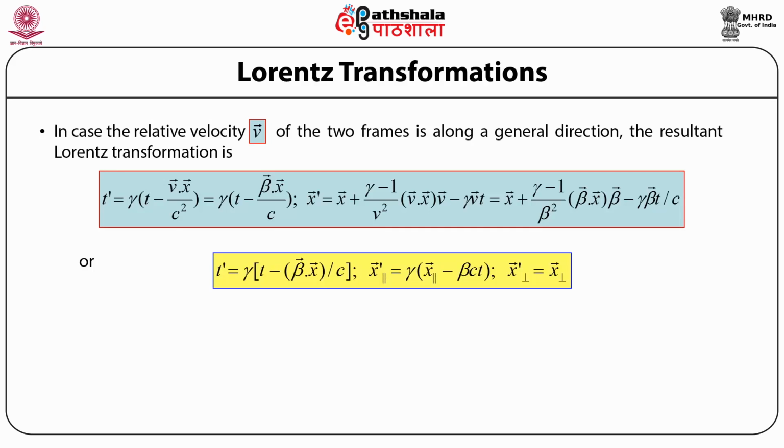Here vector x parallel and vector x prime parallel are the components of the coordinate along the direction of the relative motion between the two frames of reference, while the vector x perpendicular and the vector x prime perpendicular are the coordinates along the two transverse directions with respect to the direction of the relative motion between the two frames of reference.